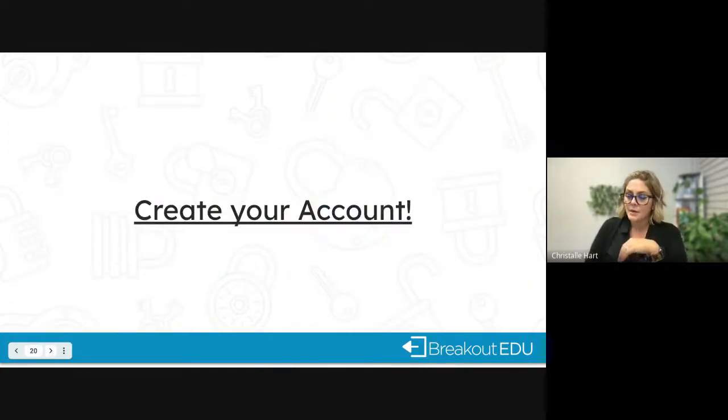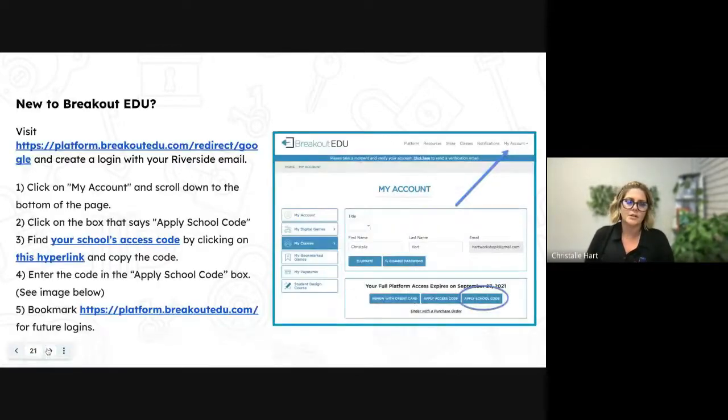Now let's set up our account. Breakout is accessible in your Clever, or you can go to breakoutedu.com and we're going to use our Google single sign-on. If you've never signed in, let me grab the link real quick. This will actually have all of the directions that we're going to go over. Some of you maybe have already accessed your premium account, so this part won't apply to you, but you can start kind of browsing and looking for your next breakout that you want to use.